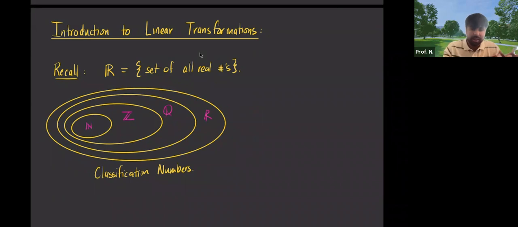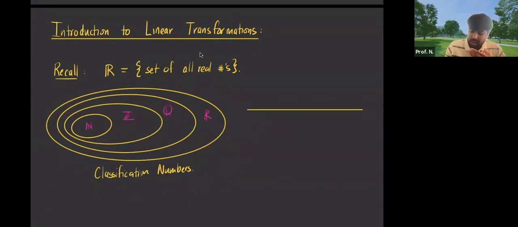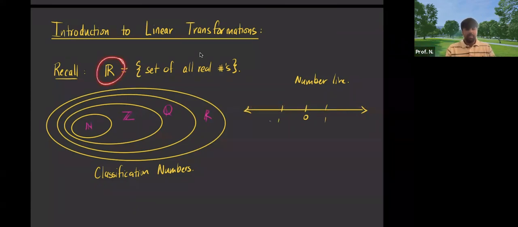What do you do that on? Much simpler than a Cartesian plane. We're not there yet. It's just a number line. This is 0, this is -1, this is 1, and all of this represents the reals.